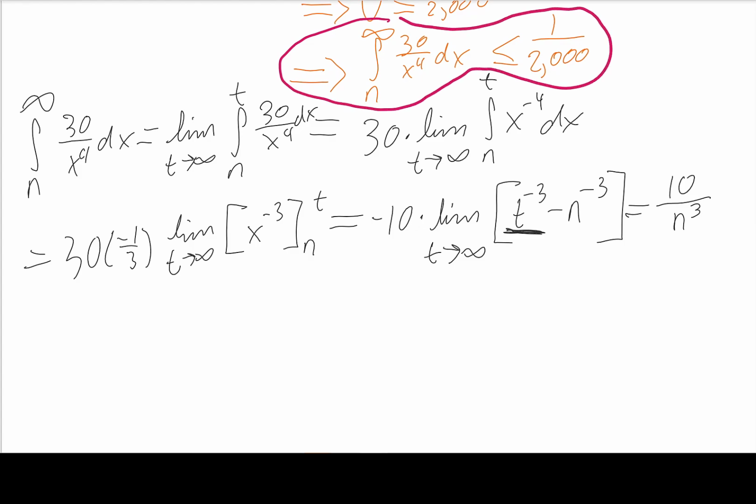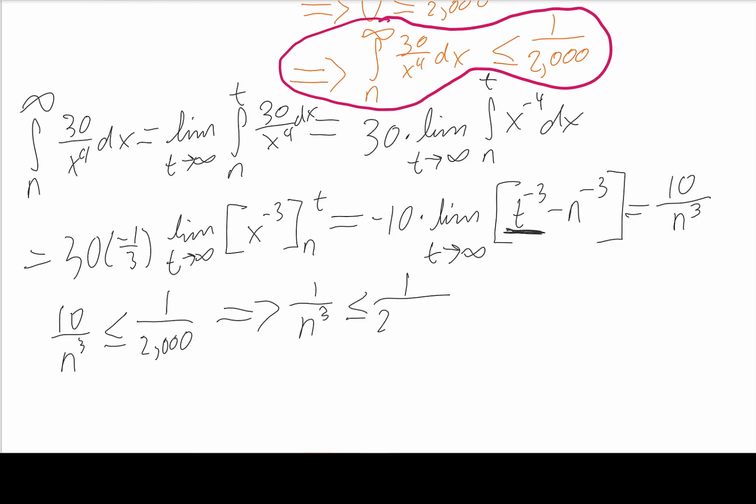And so now going back to this part right here, we can say this is the sweet part of the problem because it's circled in plum, and plums are sweet. But we're going to want 10 over n cubed to be less than or equal to 1 over 2,000. Okay. So now, if I divide by 10 on both sides, this will mean that 1 over n cubed is less than or equal to 1 over 20,000.